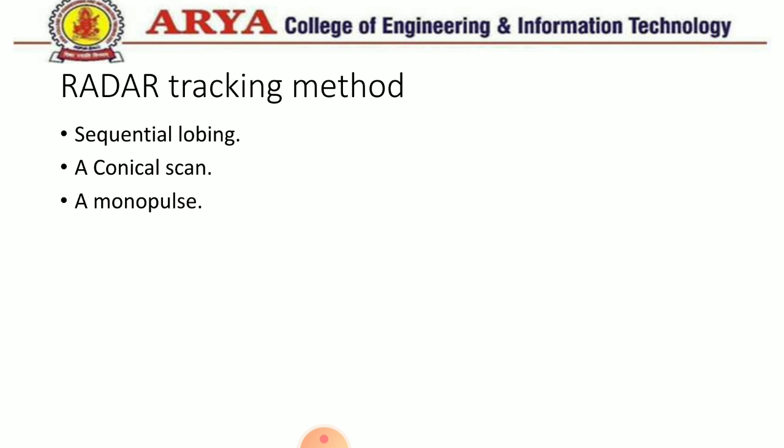And conical scan as well as the monopulse method are also used to track an object using a radar system. So this is radar tracking system basics.